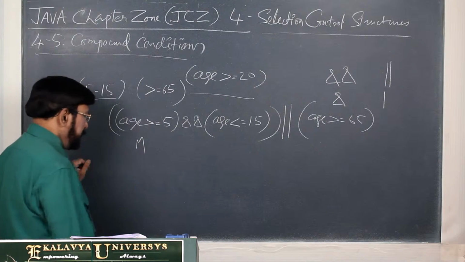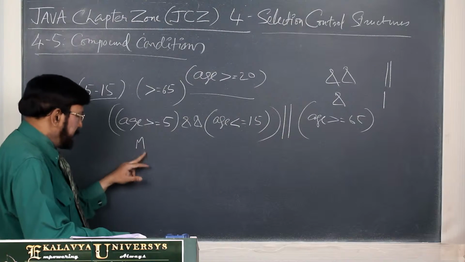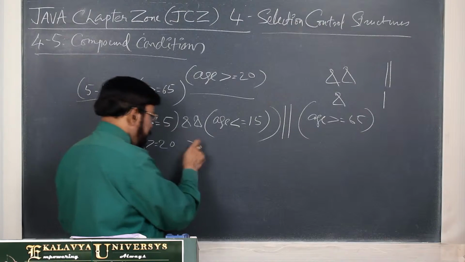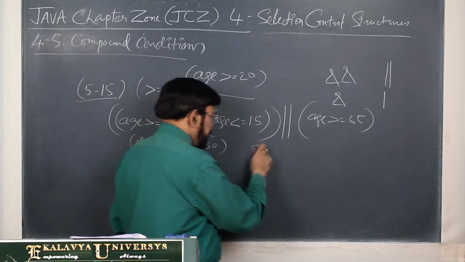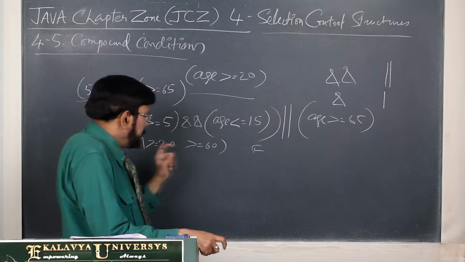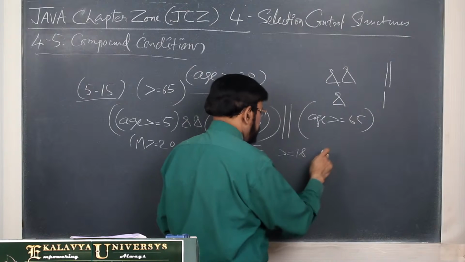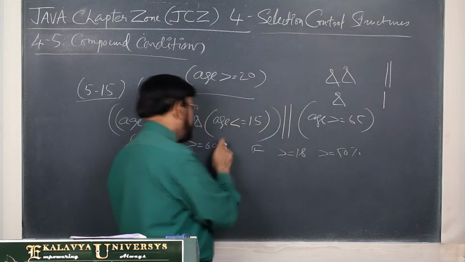Employability criteria: male candidates of age 20 years or more and marks percentage 60% or more are eligible. As far as female candidates are concerned, some concession is there. What is that? 18 years or more and 50% or more.